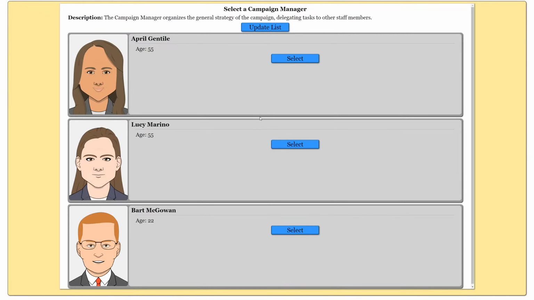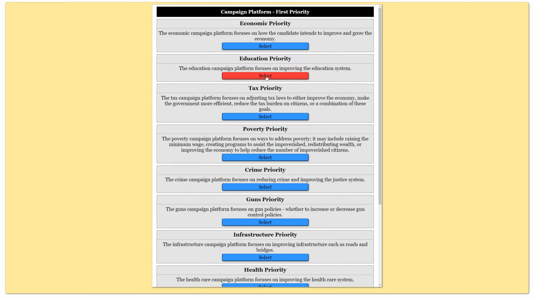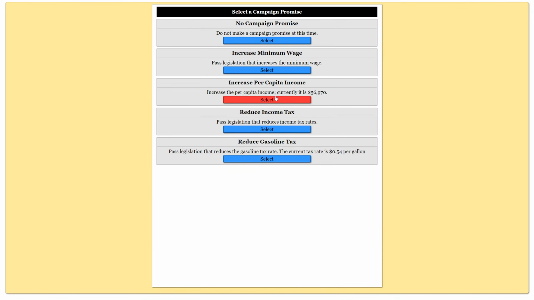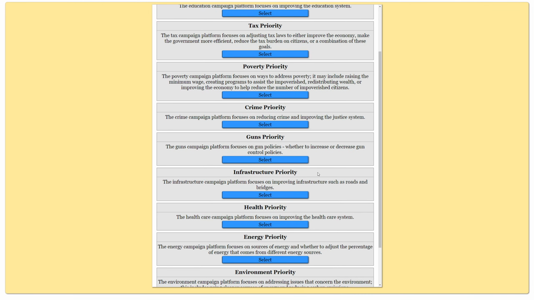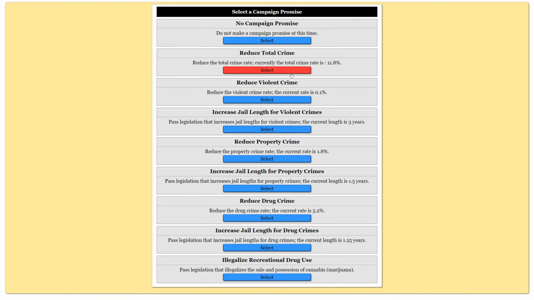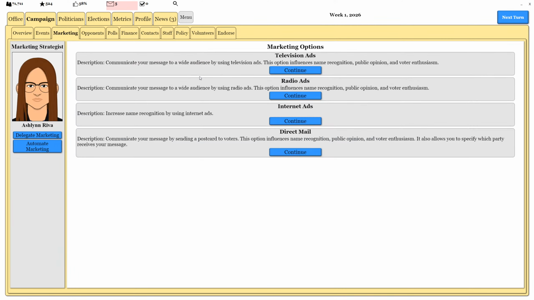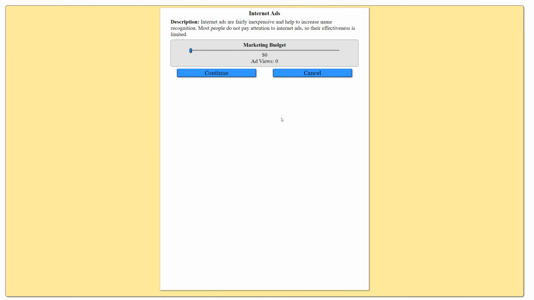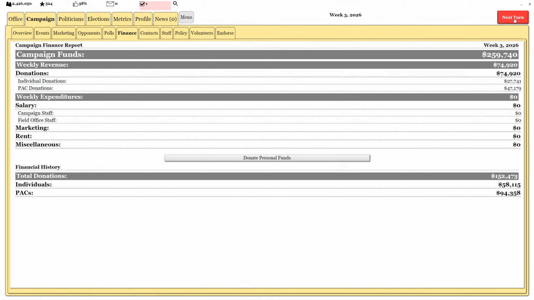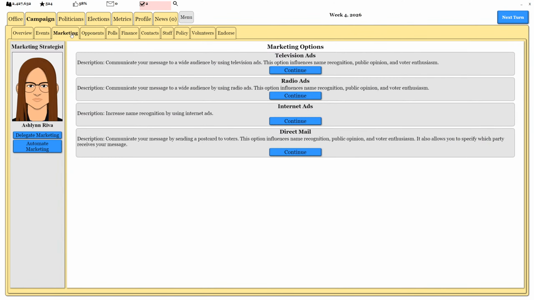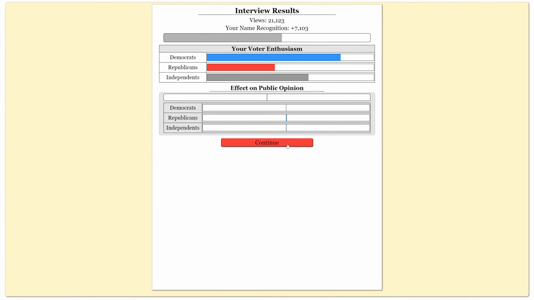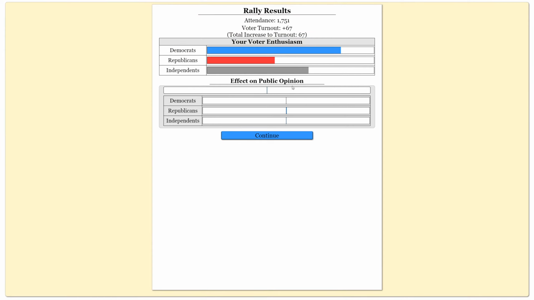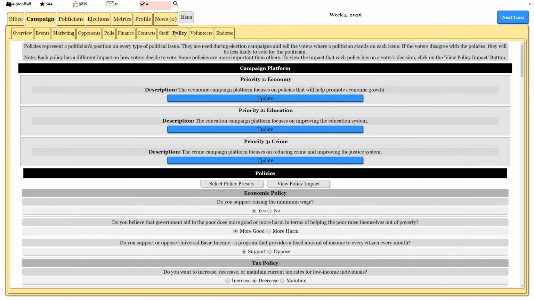Jobs, governor, apply. Policies, volunteers, indoors, policies, staff.